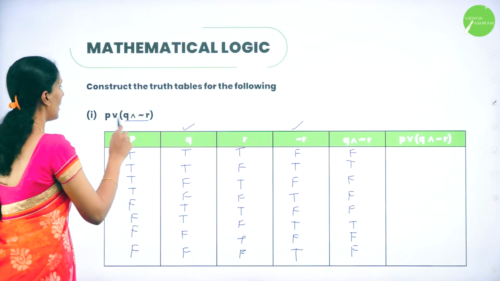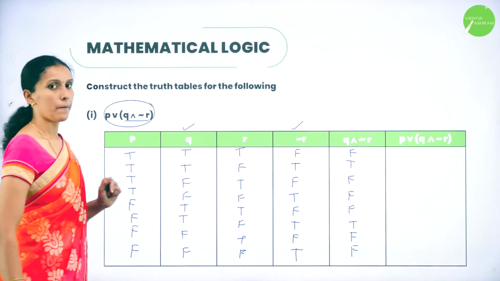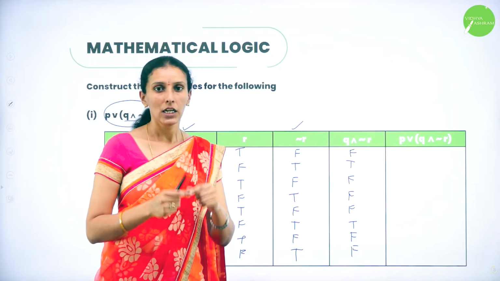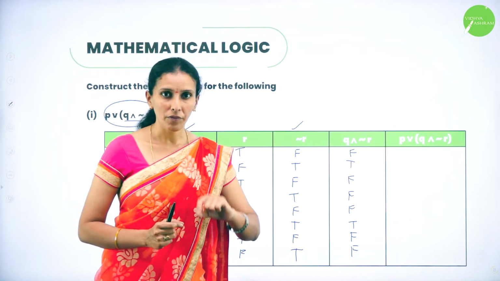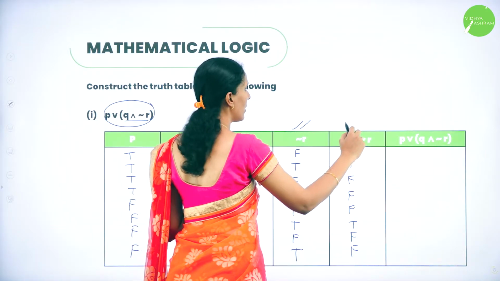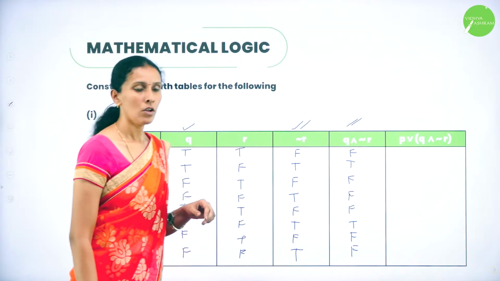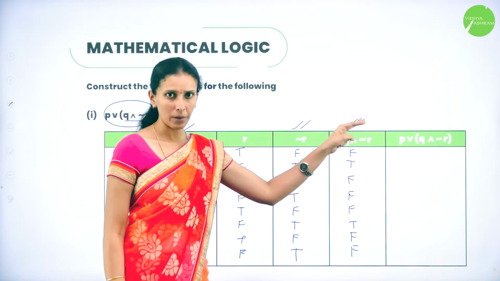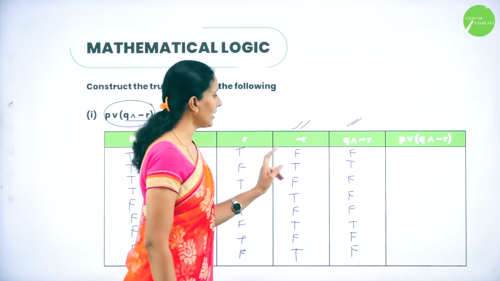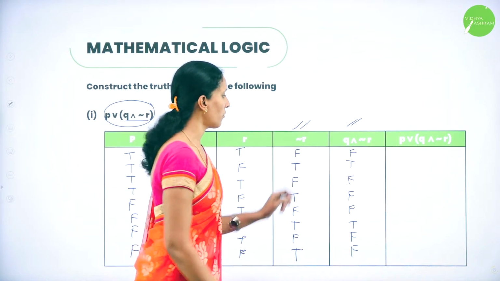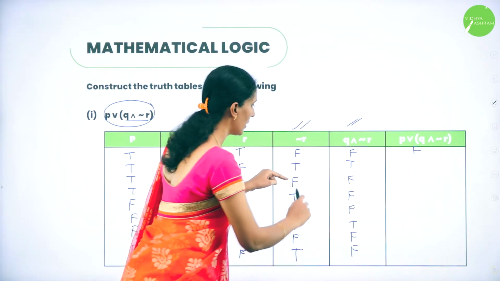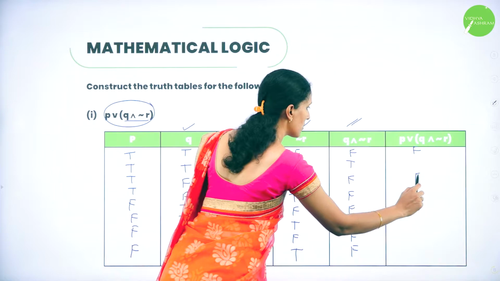Next is, let's take the complete statement. So we have a disjunction here. What does the disjunction say? Disjunction says it is false when both the statements are false. Let's take this one and this one now. So this will be false when both the conditions are false. In all the other cases it is true. Find the case where both the conditions are false. So false, first one. Next we have the third one, false.